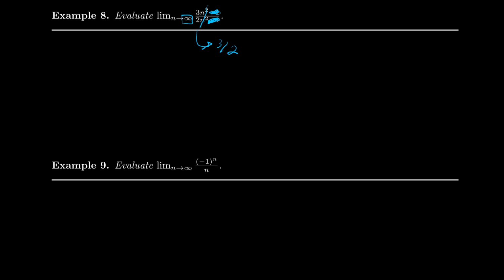If you want to look at the terms of this, if this is your sequence a sub n, then your terms in a sub n are going to look like negative 1, 1/2, negative 1/3. We did this earlier. Positive 1/4, negative 1/5, and so on.